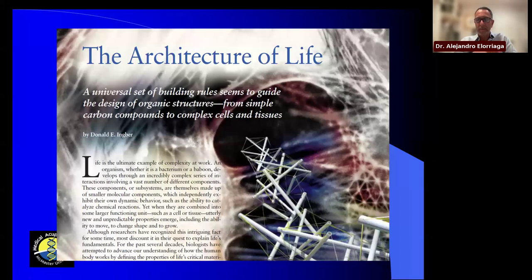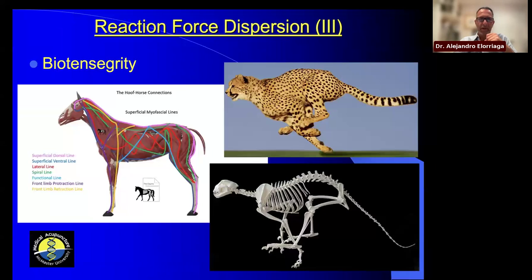He has a website. You go there and Google tensegrity Kenneth Snelson. You will find a beautiful PDF that he's published with explanations about how to build these structures and the idea of tensegrity.